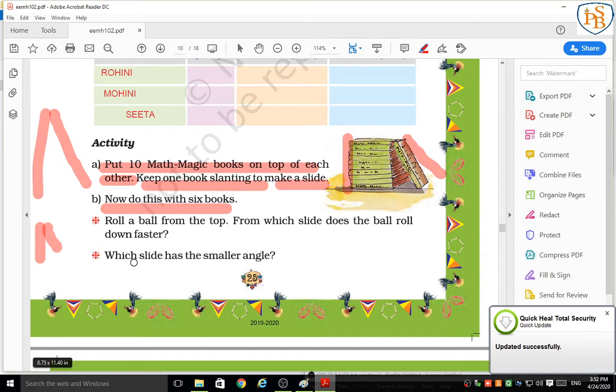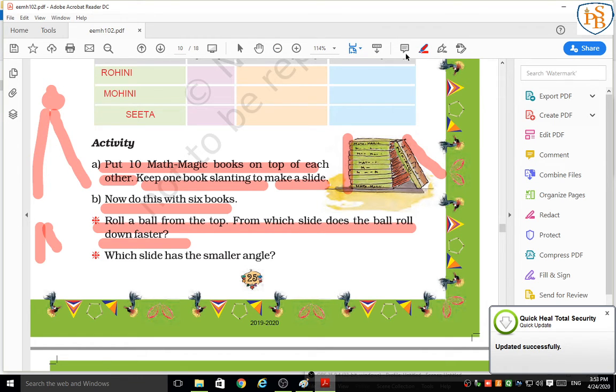Okay, now the question: roll a ball from the top, then which slide does the ball roll down faster? This one with 10 books and this one with 6 books.